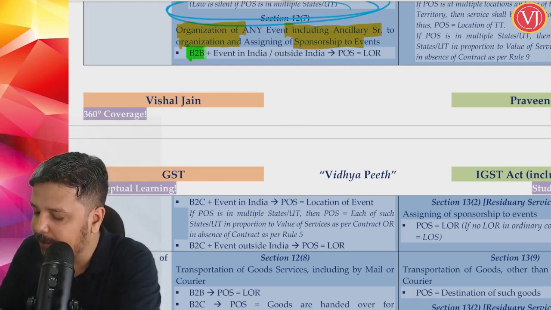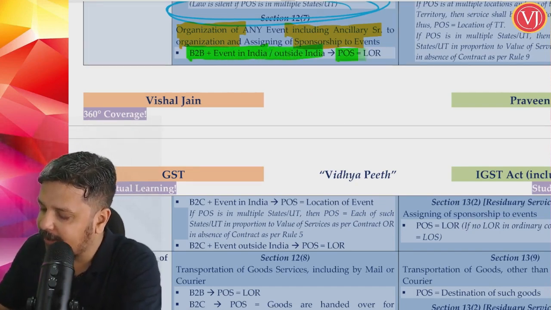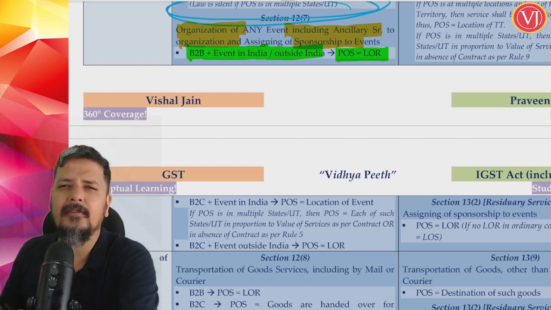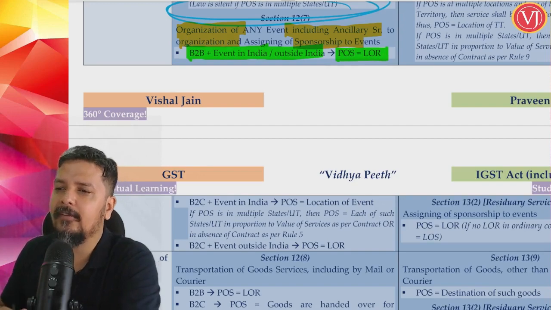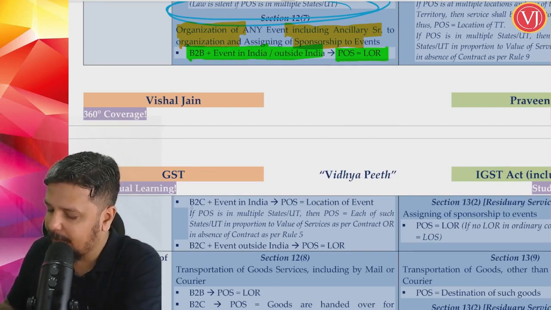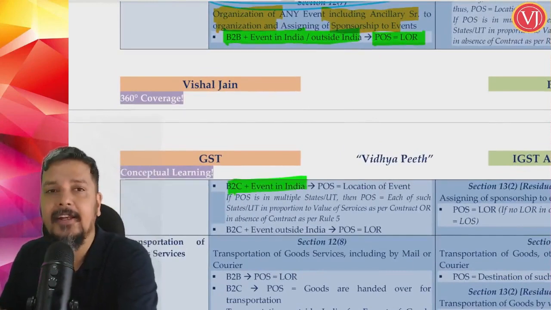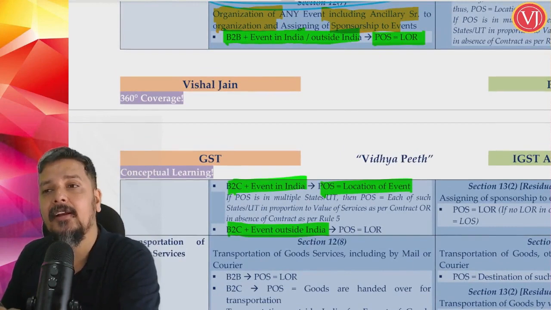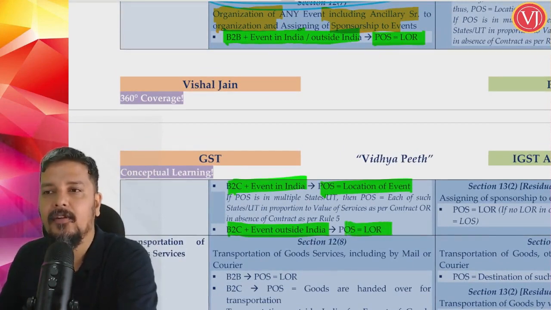If it is B2B, and the event is in India or outside India, place of supply is location of recipient. If it is B2B, they don't worry whether the event is in India or outside India, it is location of recipient. If it is B2C, they now start worrying. If the event is in India, it is location of event. If it is B2C and the event is outside India, it is location of recipient.